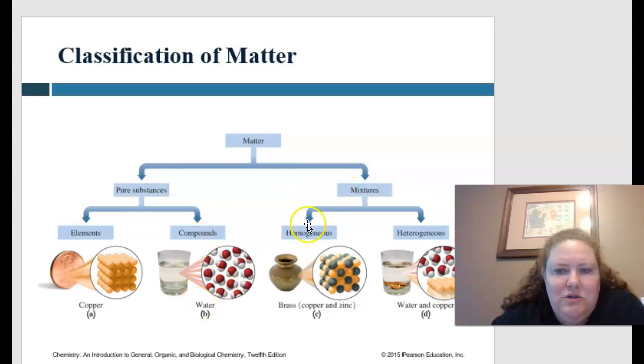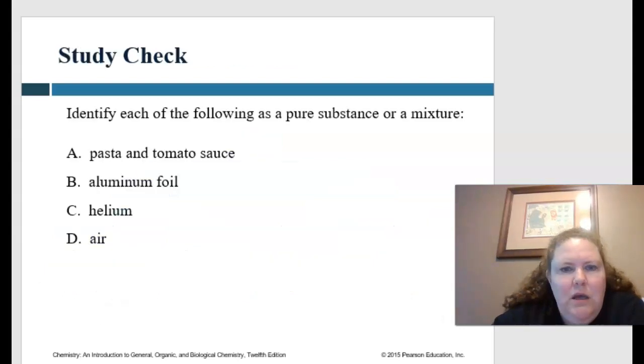Then we have the mixtures, which would be the homogeneous, like the brass, versus the heterogeneous, which is the water and the copper. So whether or not it's distinguishable and separable, that's the word, easily or not. So that is a fun little table.